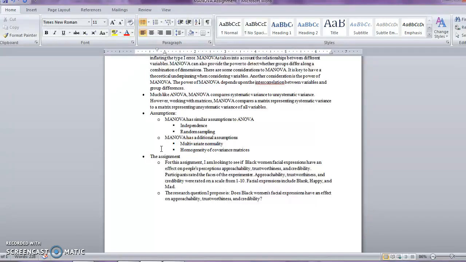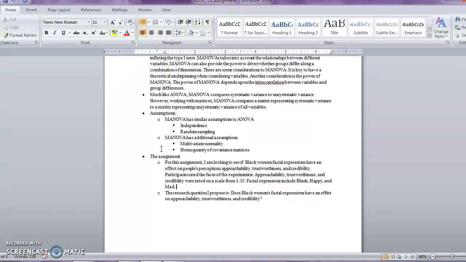With homogeneity of covariance matrices, there is the assumption that the variances for each outcome variable are the same across all groups, and the relationships between the outcome variables are roughly equal.